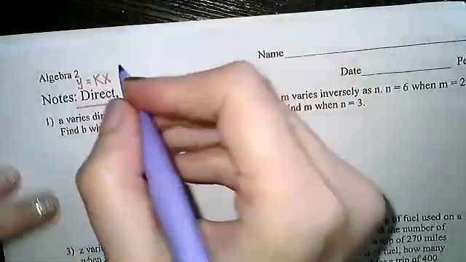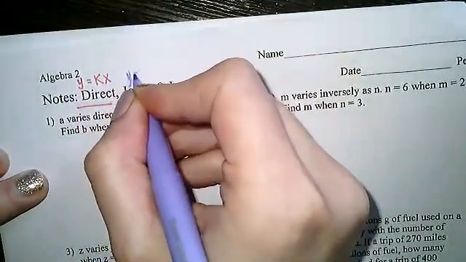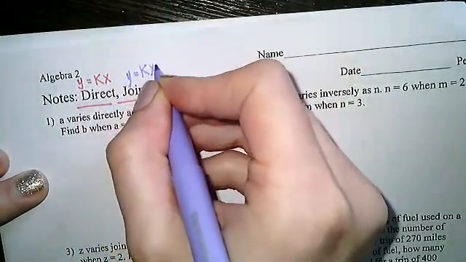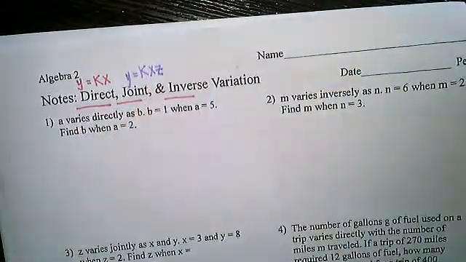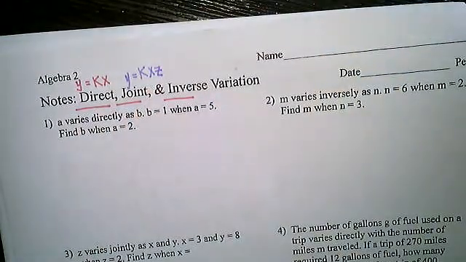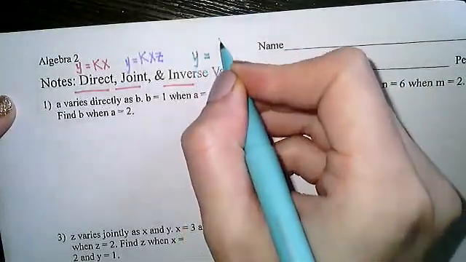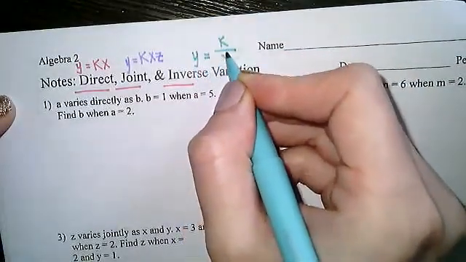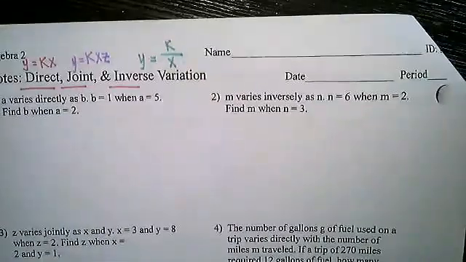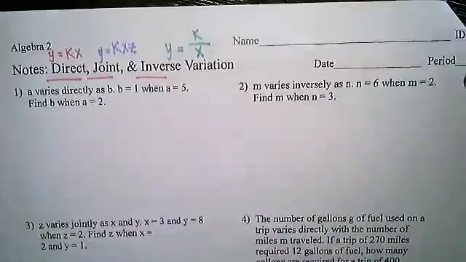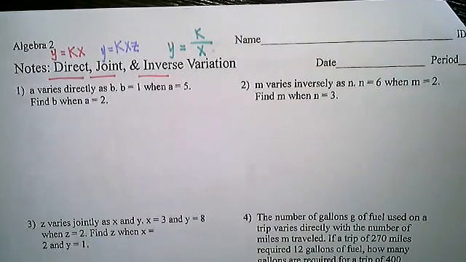Joint variation is y equals kxz. I'll show you what these formulas mean in a second. And inverse is y equals k over x. In all of these examples, k is a constant.